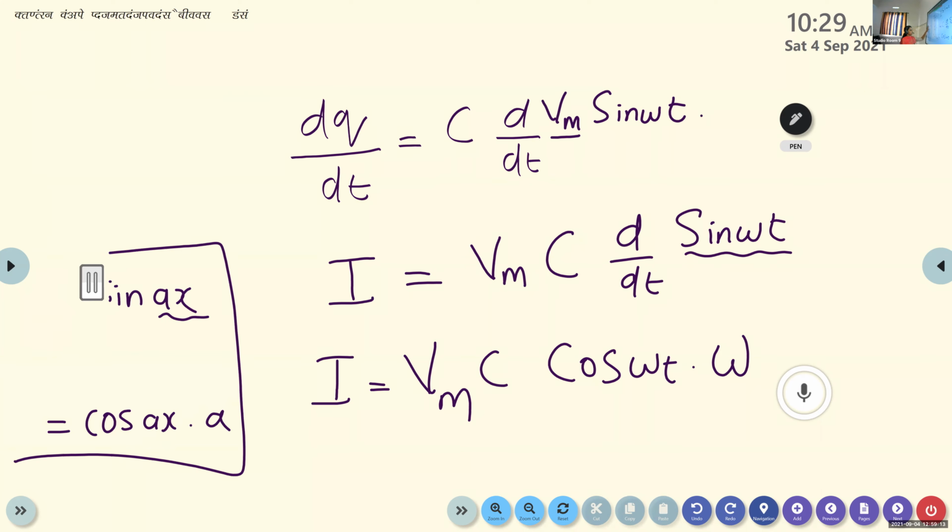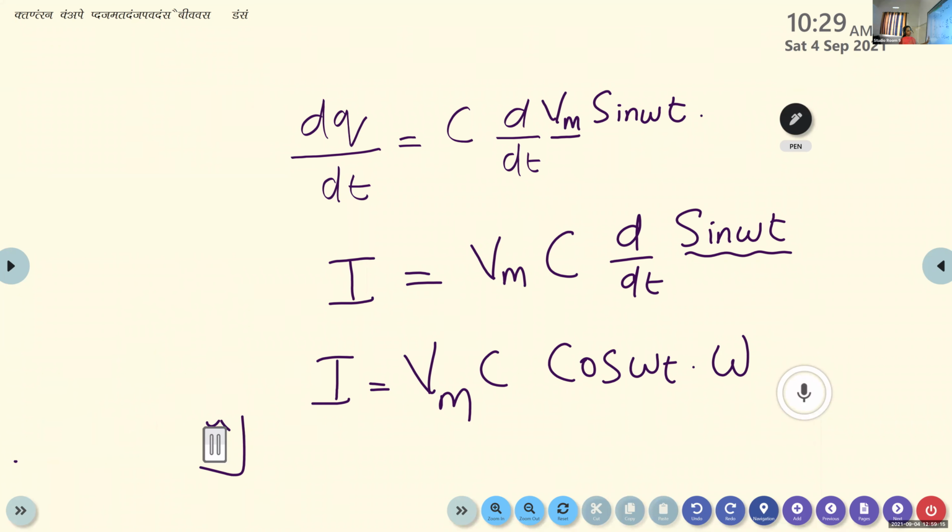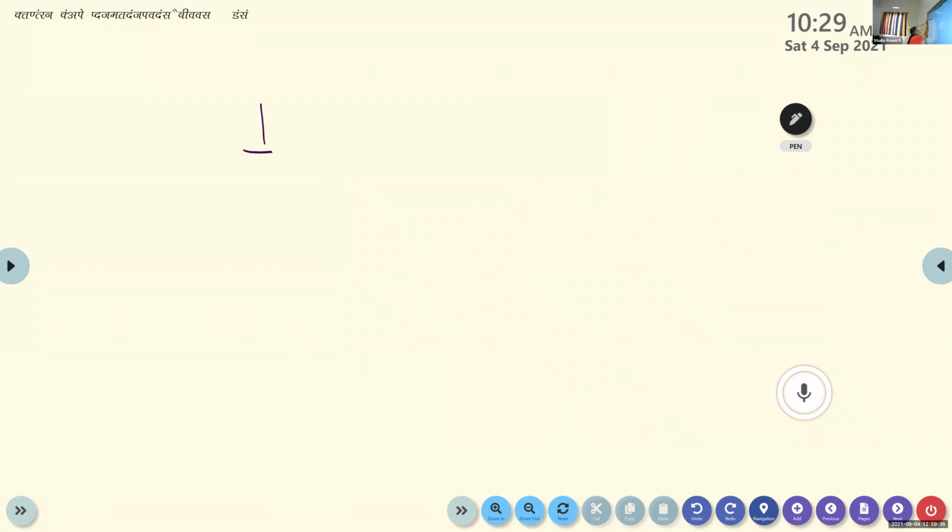So the equation becomes I is equal to Vm into C into cos omega t into omega. Now we can just rearrange this equation. It becomes I is equal to Vm C omega cos omega t. By rearranging the equation, we get I is equal to Vm C omega cos omega t.